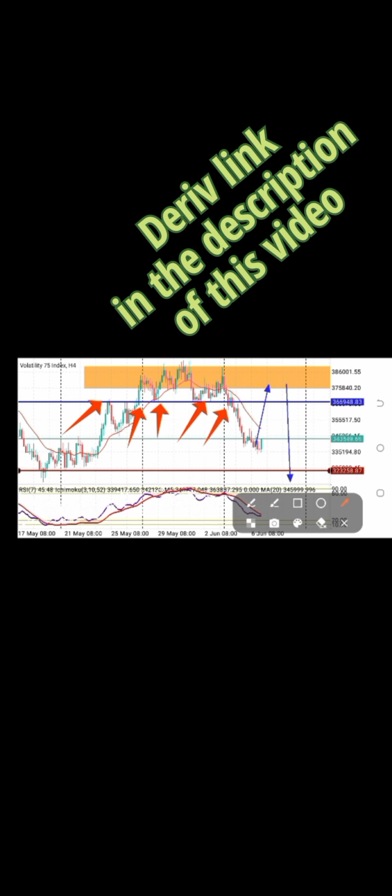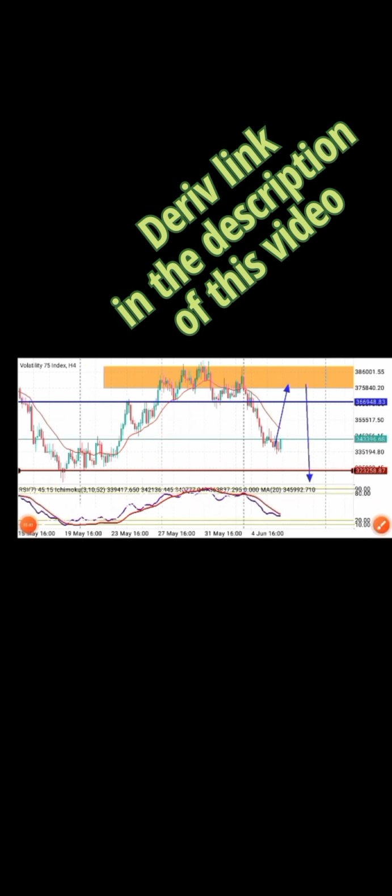So once what was previously a support zone has been broken, we expect it to be a resistance zone, and we normally buy from the discount and sell from the premium zone.